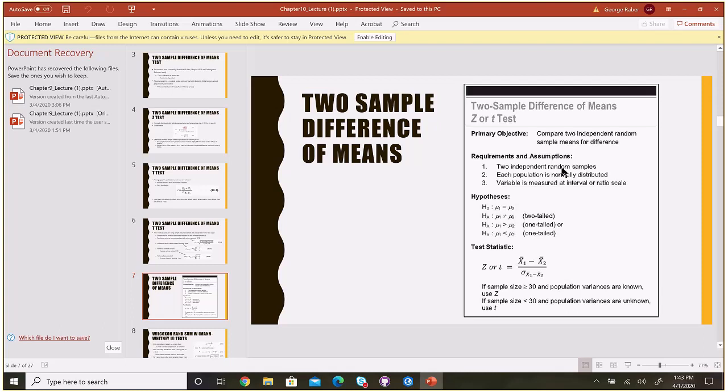Well, basically, it's that they're two different groups, and those two different groups were measured separately, and we're comparing that same value to each other.